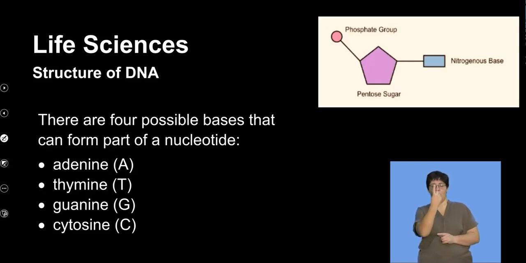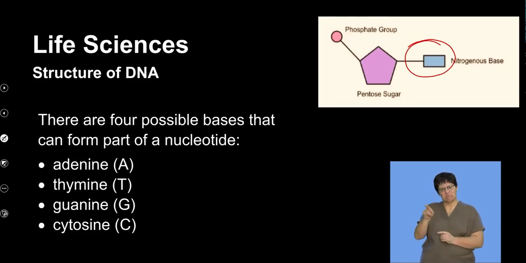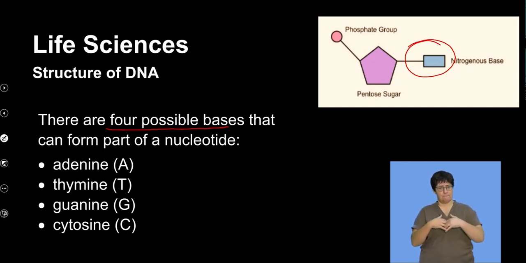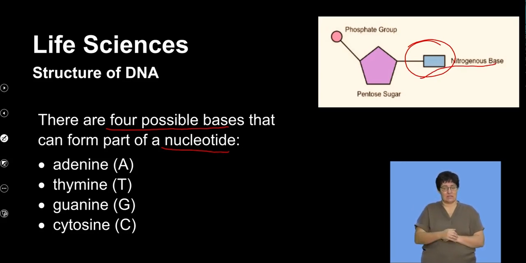Let's move on. When we look at the structure of these nucleotides, it's important that we recognize that there are 4 possible bases that can form part of a nucleotide. And these nitrogenous bases, which we refer to sometimes as bases, are adenine, and we often use the capital letter A to represent that. Thymine, we use the capital letter T to represent that.